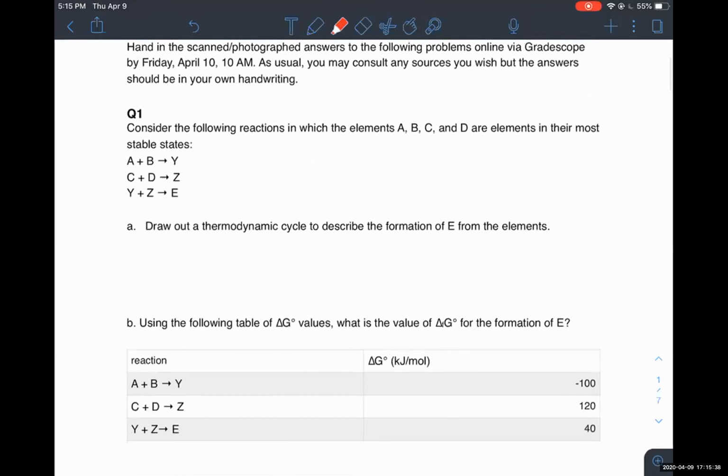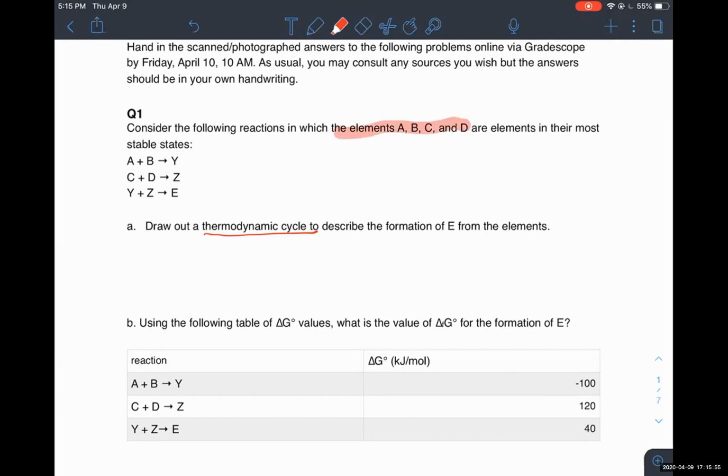In part A, we're asked to draw out a thermodynamic cycle, similar to what Niti just showed. We will start by identifying the starting elements and also the final products.